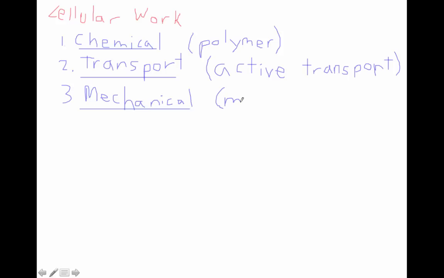So we're going to put muscle here, and that's for muscle contraction. You know, the beating of cilia in certain cells, that would also be mechanical work. So all of these are examples of endergonic processes that require energy for them to occur.